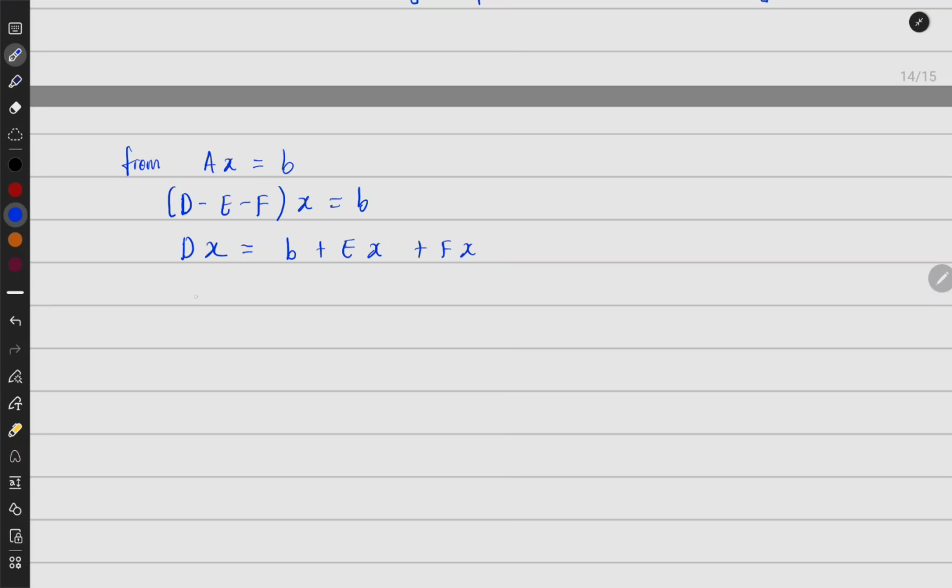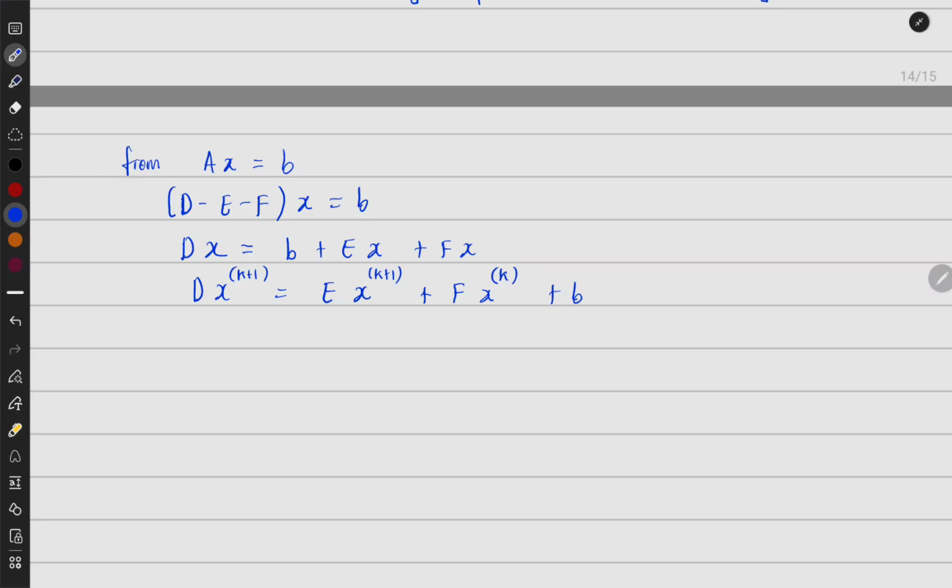However, when we change into the iterative form, this is going to be Dx^(k+1) equals Ex^(k+1) plus Fx^k plus b. The interesting bit is that the E term depends on the new value, while Fx depends on the previous value.